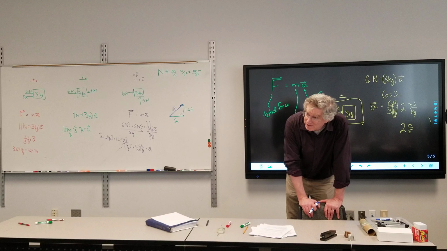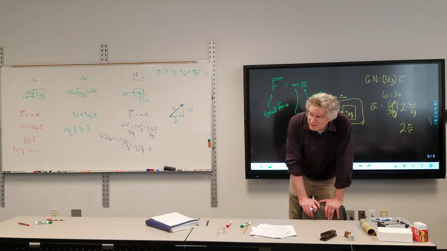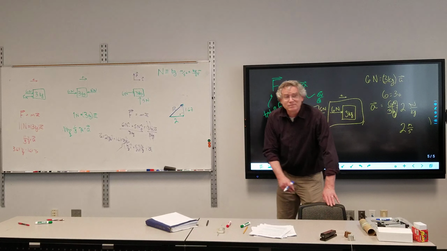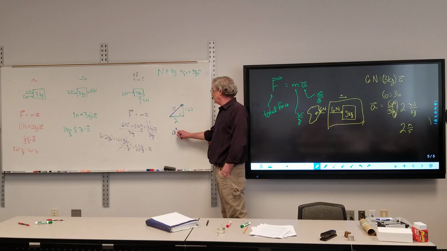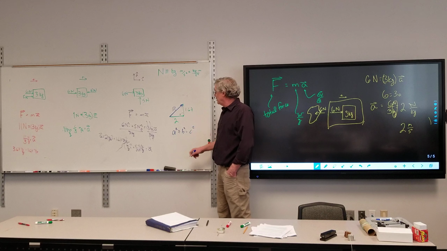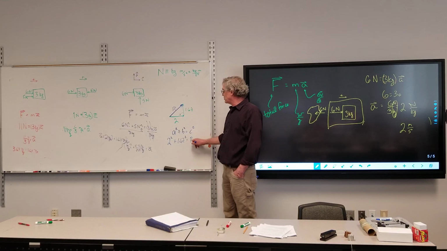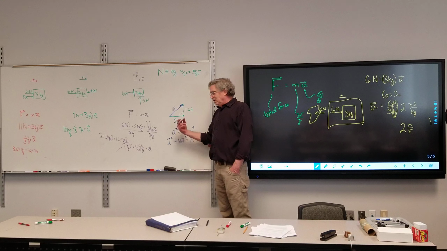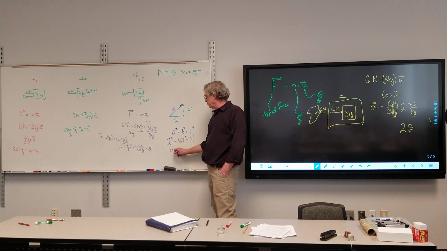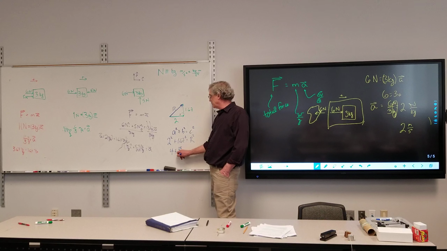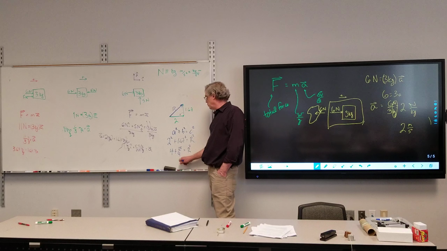Say it again? Is this the one with the a squared, b squared? Yeah, give me the whole formula. A squared plus b squared equals c squared? Yep. So 2 squared plus 1.67 squared is equal to r squared. So that is 4 plus 25 ninths is equal to r squared. 61 ninths is equal to r squared.